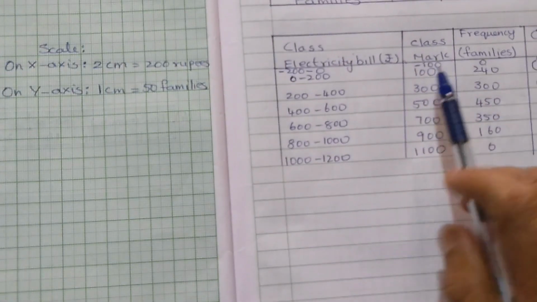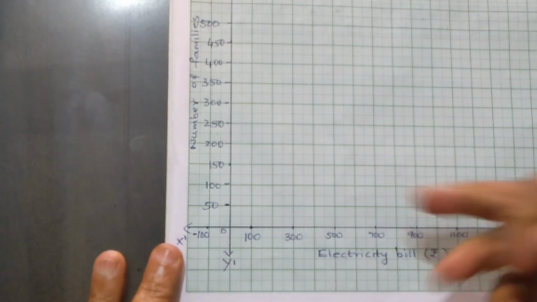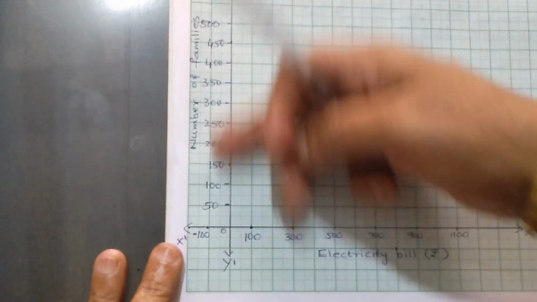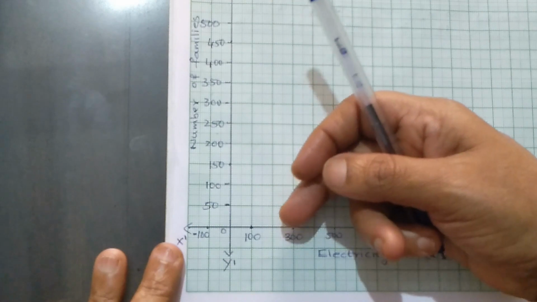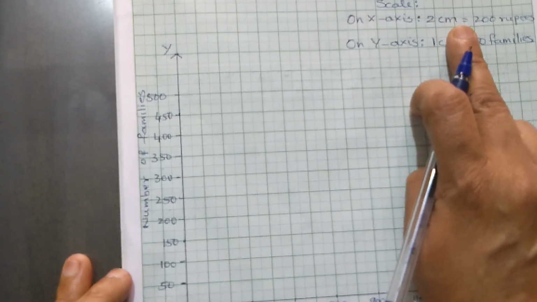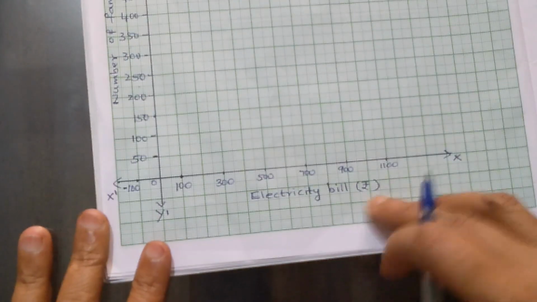What is the first one? -100 and 0. So -100 and 0 will come over here. The x-axis is the electricity bill, that is the class mark, and the number of families is on the y-axis, that is the frequency. On the x-axis I have taken 2 centimeter equal to 200 rupees because the electricity bill is given in rupees.